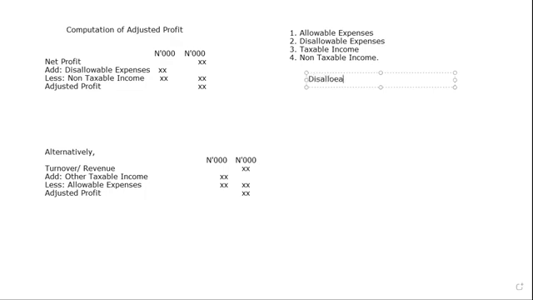Excuse me, sir. You said donations of capital projects to approved educational institutions must not exceed 15% of what? Of the assessable profit. Then the last one you said is what? Interest on loan, and realized exchange loss.